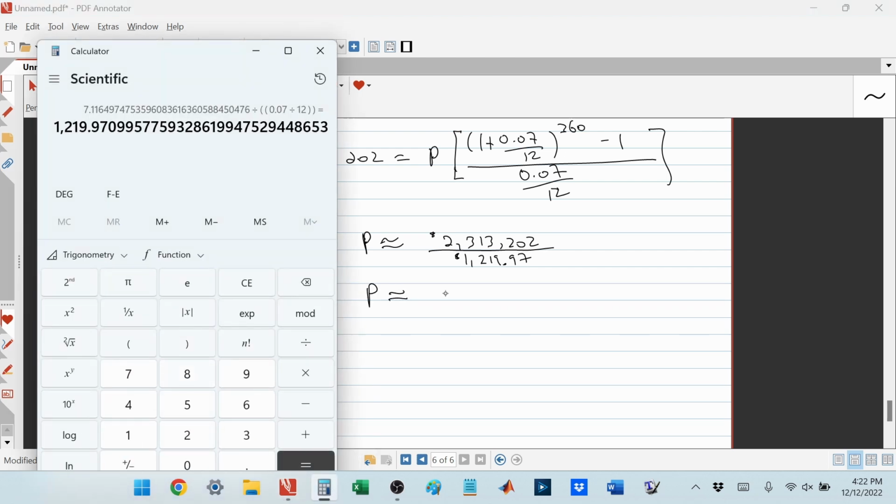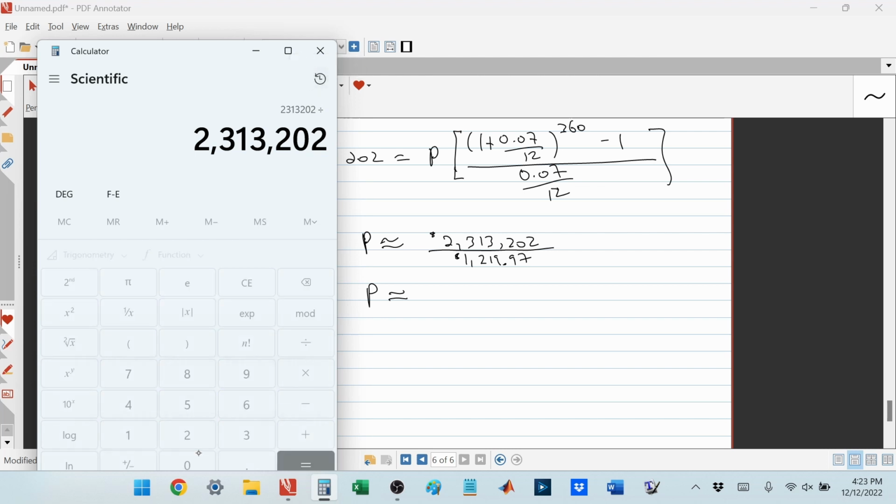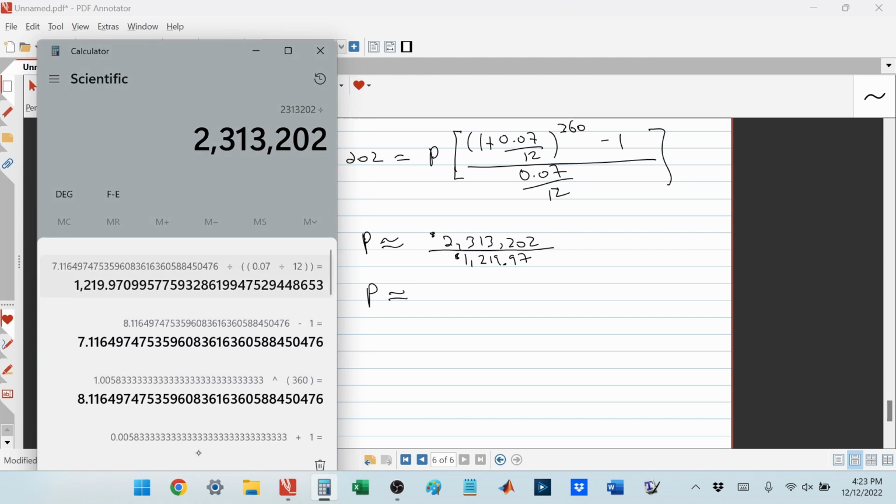We can do that, or I can get this exact. So 2,313,202 divided by, and then let's go back in our history here. This number right here we want to copy. How do we copy this?